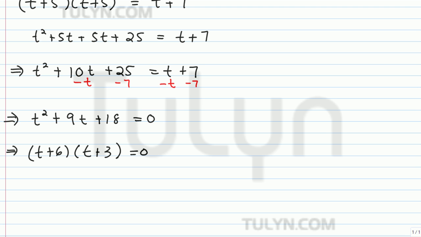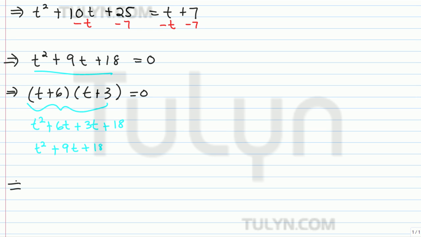So let's check to make sure that I factored this correctly. So foiling it out, this becomes t squared plus 6t plus 3t plus 6 times 3, which is 18, which simplifies to t squared plus 9t plus 18, which is what we wanted to get at the beginning, right? So as it turns out, that worked out well. So let me just rewrite this.